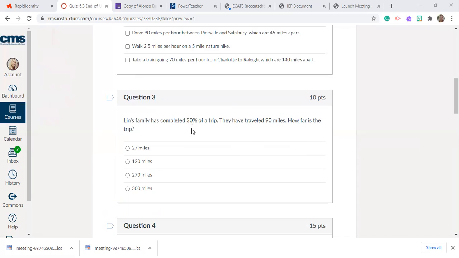I would go ahead and draw a double number line to represent your percentage and your miles. And your answer choices for the total distance of their trip are 27 miles, 120 miles, 270 miles, or 300 miles. Go ahead and pause the video and do the work.